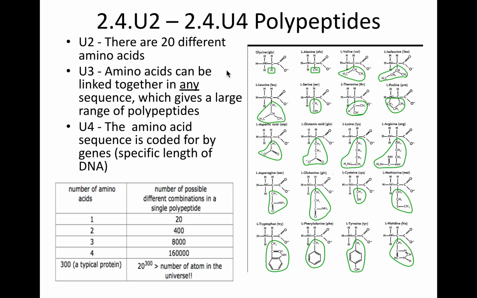Amino acids can be linked together in any sequence, which gives a large range of polypeptides. And this is insane how many combinations or different orders that the amino acids can go in to create a unique protein or polypeptide. So remember from 10th grade, you guys used a codon chart.